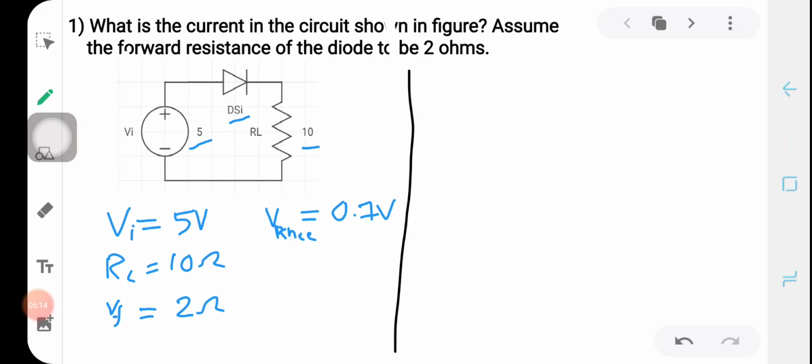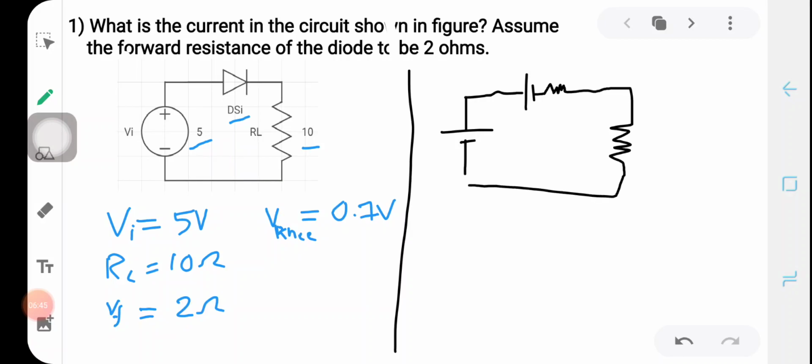So first of all I am drawing the DC voltage source here as 5 volt. Then the silicon diode. A diode can be replaced by a voltage source equal to its knee voltage, or the potential barrier, and the forward resistance. So here we have positive here, negative here, with a small resistance RF here, and the load resistance RL is here.